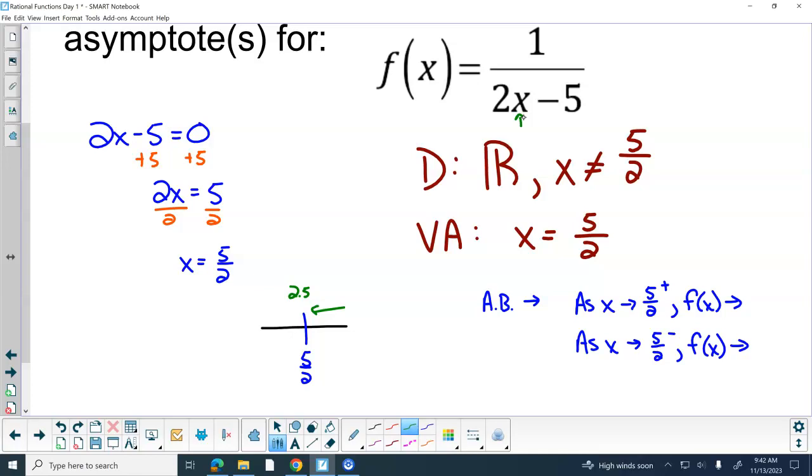Is that positive or is that negative? That's positive. And the closer and closer we get to that, the bigger and bigger that number is going to get. So this is going to go to positive infinity.